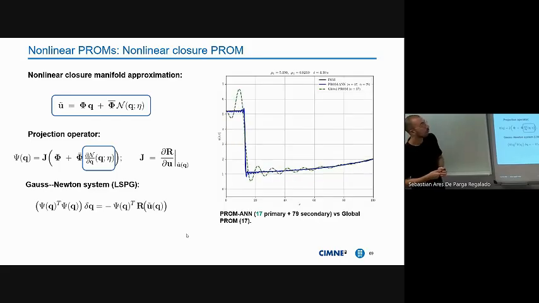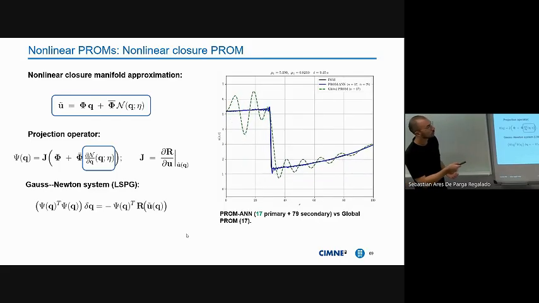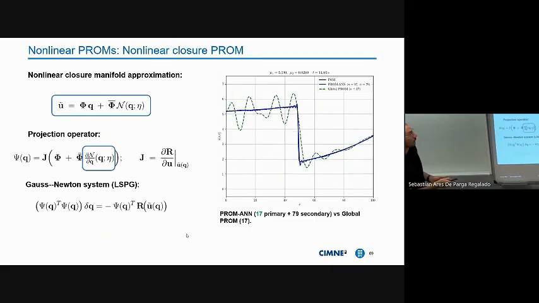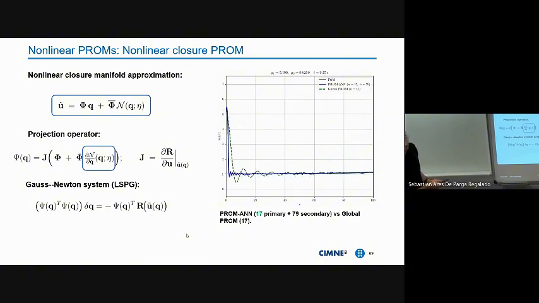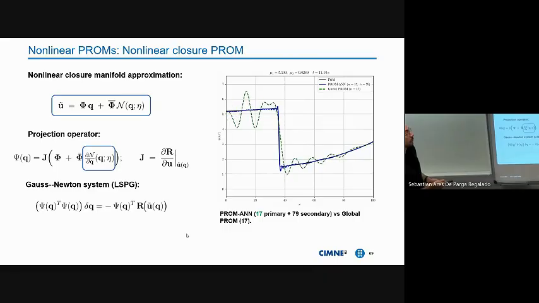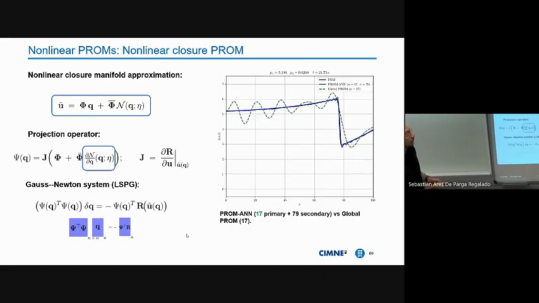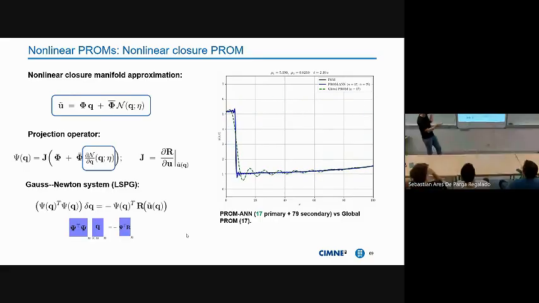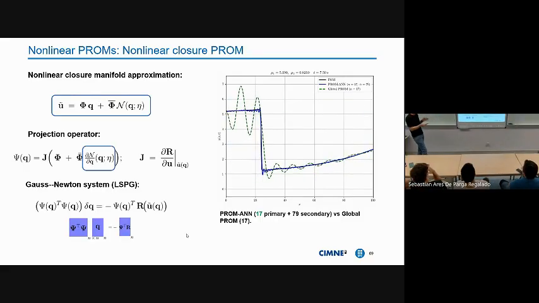And if we plug it into our projection-based reduced order model, we see that we are using, in green, you have a global P-ROM with n modes equal to 17. And in blue, we see that we use the same 17 modes as primary and secondary 79. But I have to remind you that the problem that we are solving is of size 17.